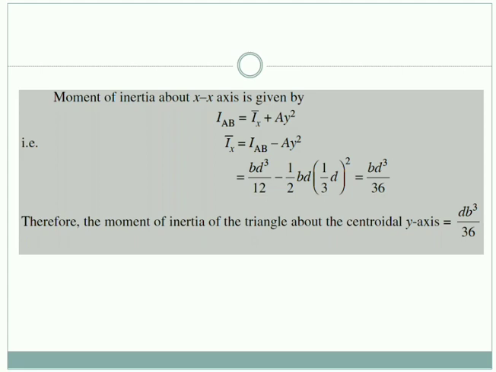So bd cube for the x axis and db cube for the y axis. This is how we find the moment of inertia of a triangle about its centroidal axes xx and yy. Even if that last line is not written, it won't matter much. If you get the derivation up to bd cube by 36, it is more than sufficient.